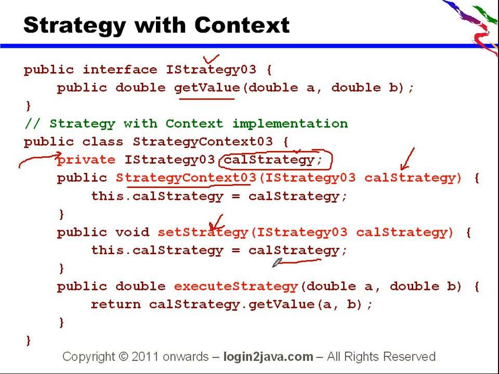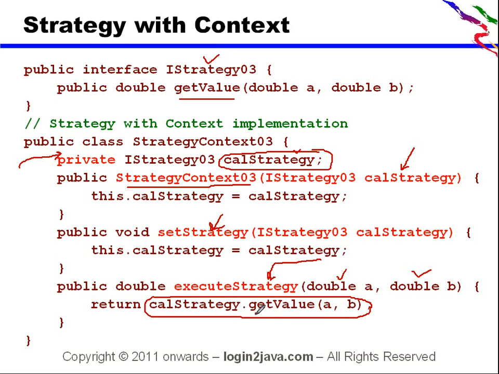And then we have a method executeStrategy, which will execute the strategy on two values A and B. It calls strategy.getValue. This is our concrete implementation of strategy, where A plus B or A multiplied by B, or maybe other operations, other algorithms can be applied.